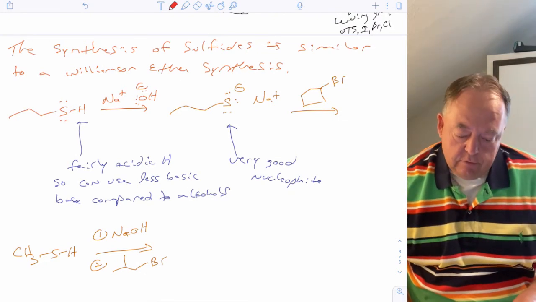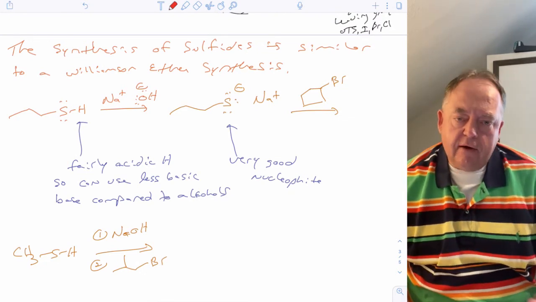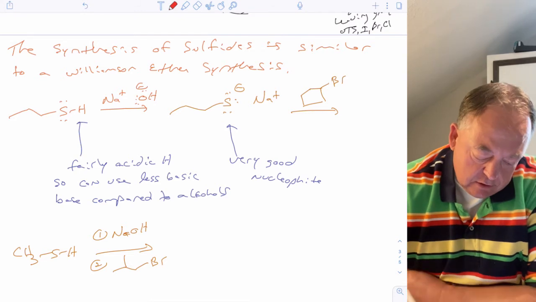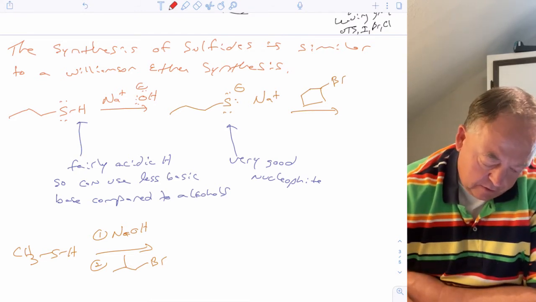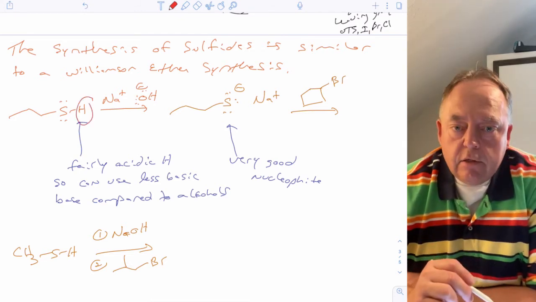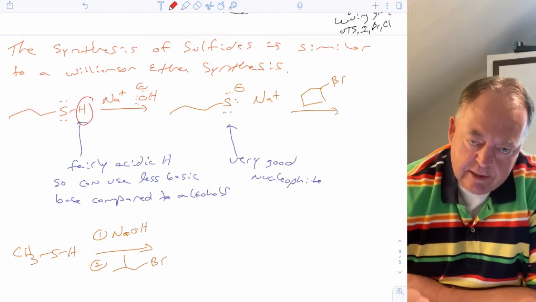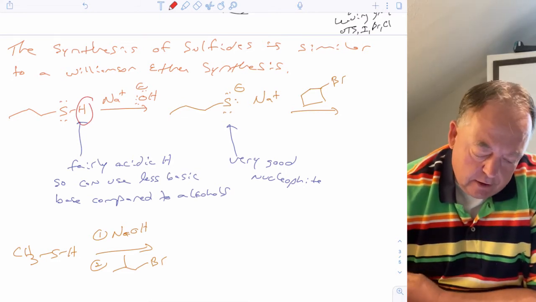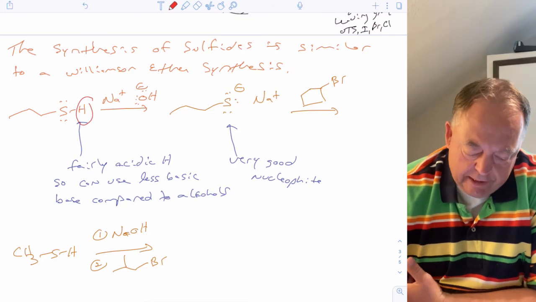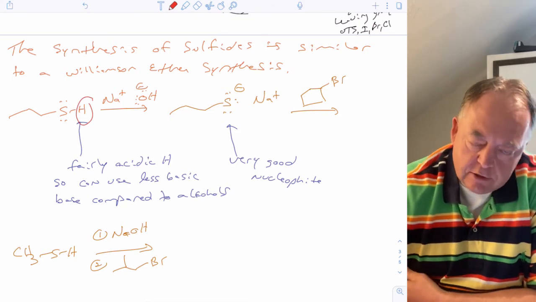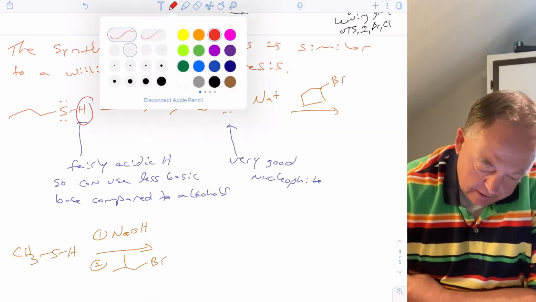Okay, and so in terms of sulfides, making sulfides is similar to a Williamson ether synthesis. You would just start with a thiol, and if you remember, the hydrogen of a thiol is relatively acidic, so you just need a base to deprotonate it. But thiols are more acidic than alcohols, so you don't need as strong of a base. Sodium hydroxide is a strong enough base to do the job.